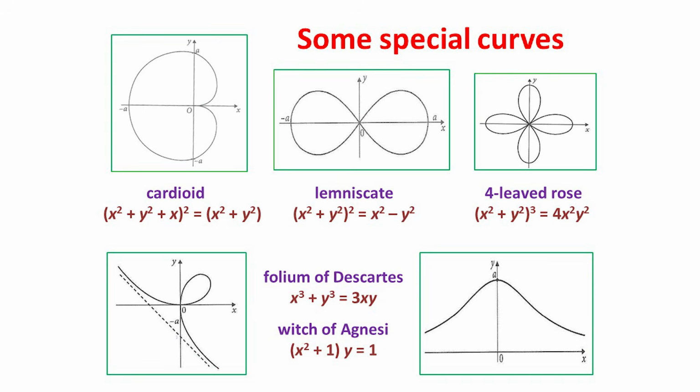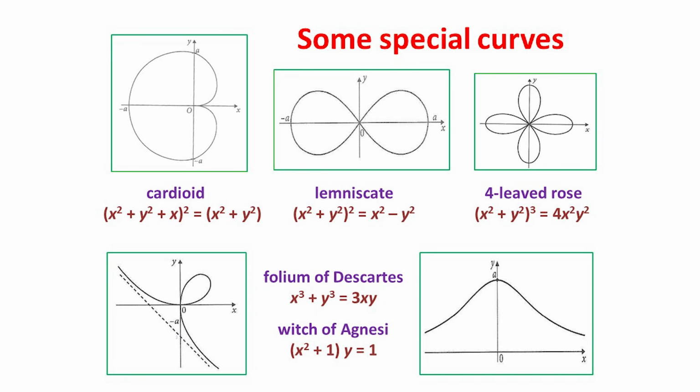Here are some more curves that have arisen through history, together with their equations. Above is a cardioid, or heart-shaped curve. The figure of 8 curve known as a lemniscate, which was actively studied in the 17th century, and a four-leafed rose. Below are two curves named after their discoverers.